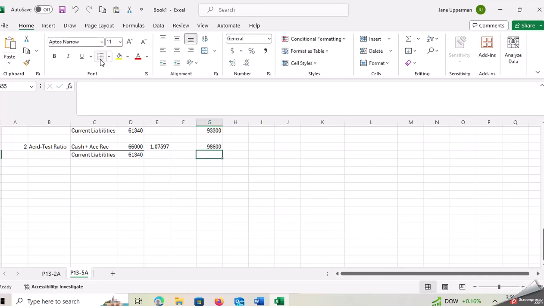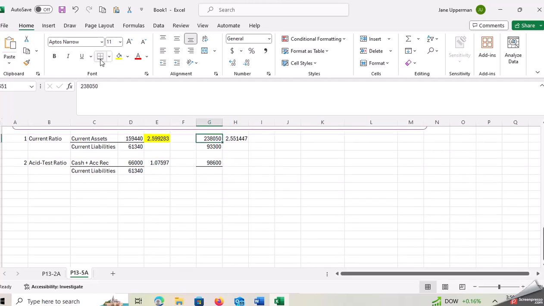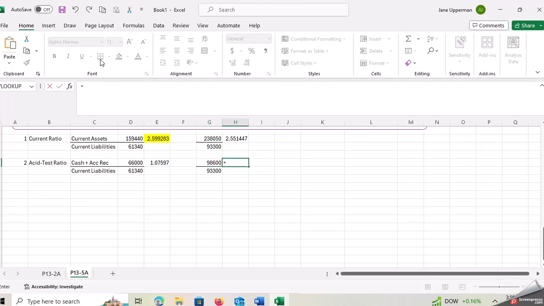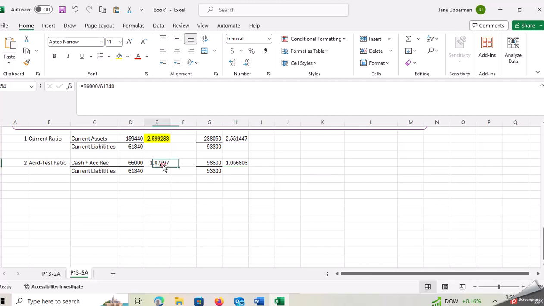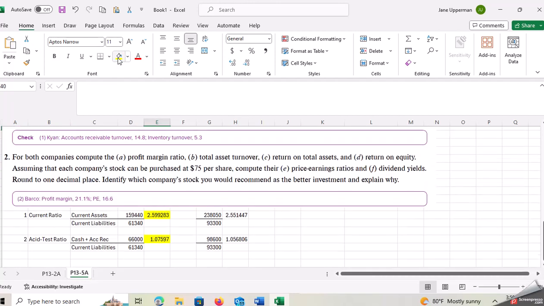We'll add those together, 98,600, and their current liabilities are the same as above, 93,300. Putting in the formula, 98,600 divided by 93,300, we get 1.0568. Again, they're close, but this one's just a little bit better. The higher the number, the better.